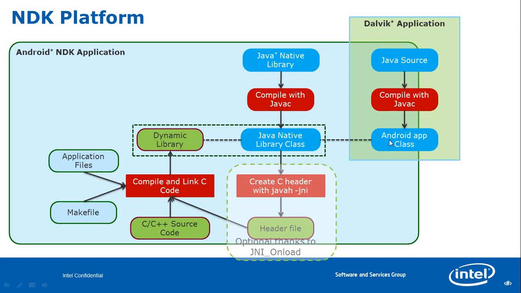In terms of Dalvik applications, you have one more layer of compilation, where you get the .dex code. That is another layer of compilation which happens in the Android OS layer. So this is how an NDK platform looks.